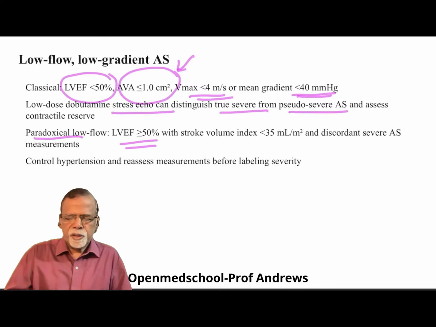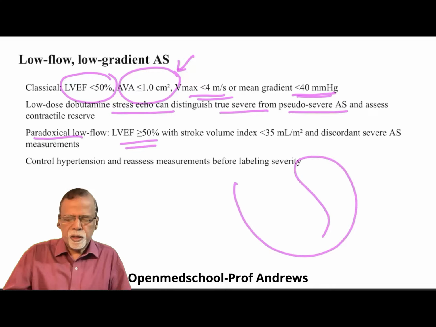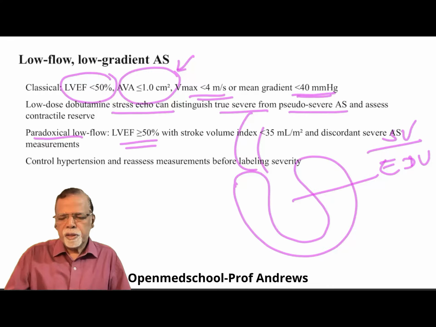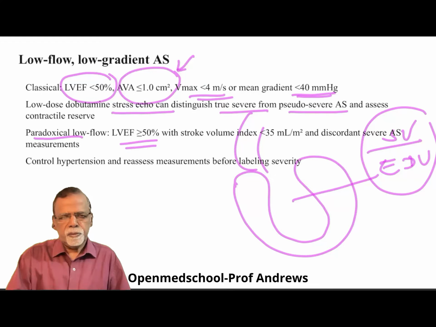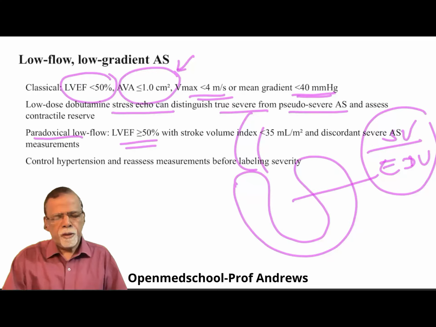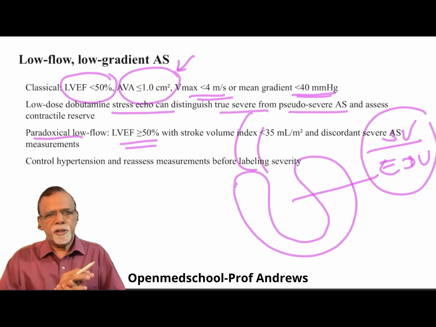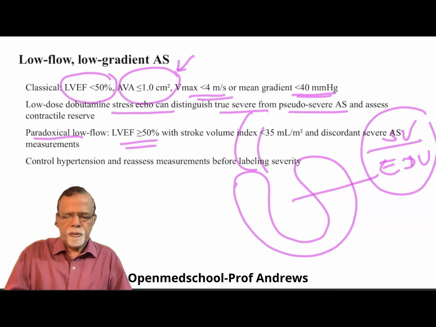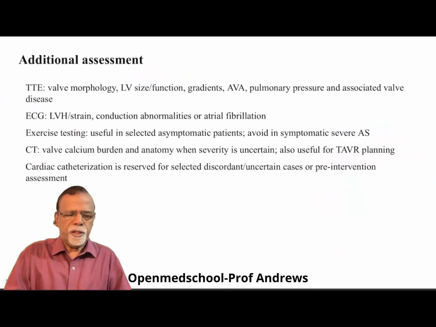Here, this may be because of the LV hypertrophy producing less end-diastolic volume, and so naturally the ejection fraction will be normal. So here, suppose the patient is having hypertension, control the hypertension, repeat the measurement and assess the severity again.